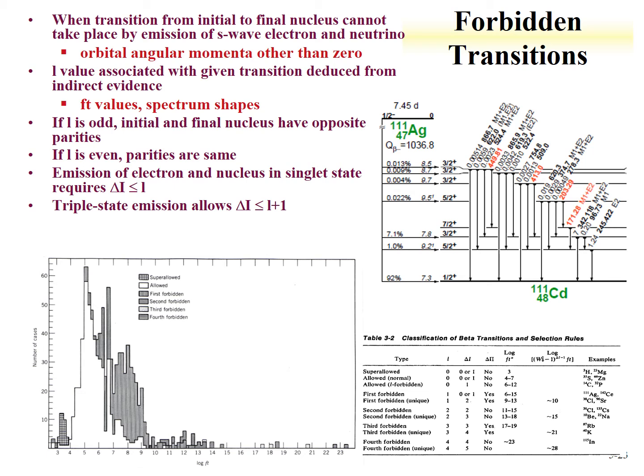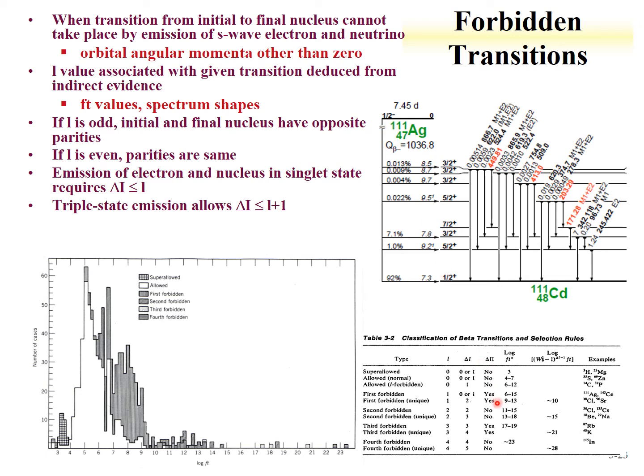As an example of this, a first forbidden transition is the decay of silver 111, where we go from a 1/2 minus to a 1/2 plus. This log FT value is 7.3, which falls within here. Spin change 0, but there is the parity change, 1/2 minus to 1/2 plus.